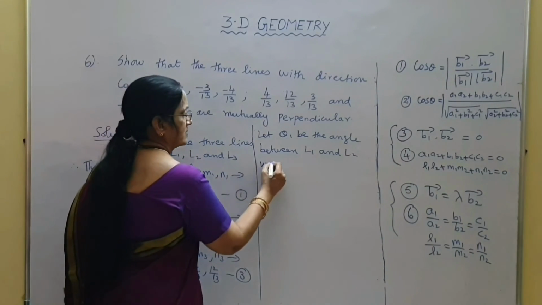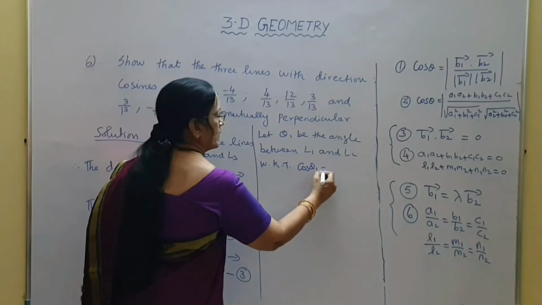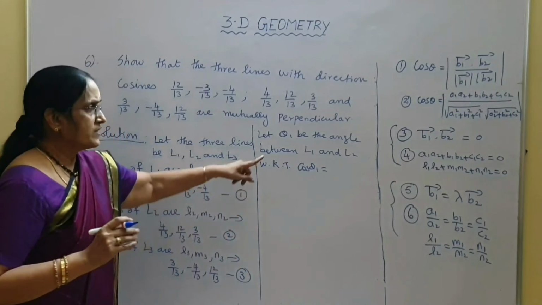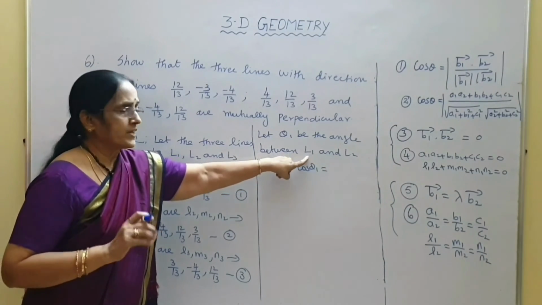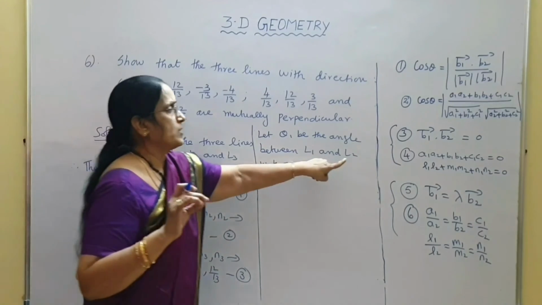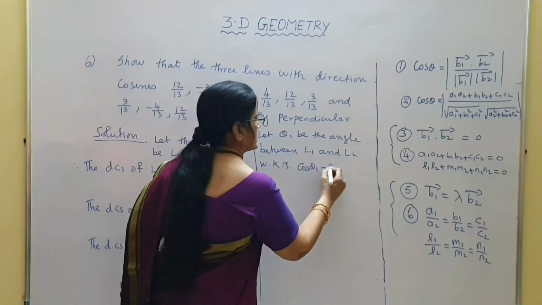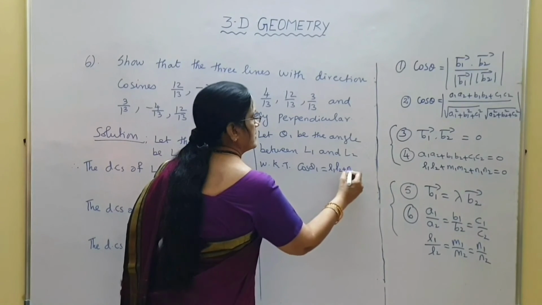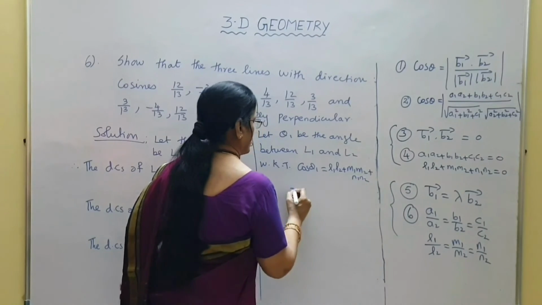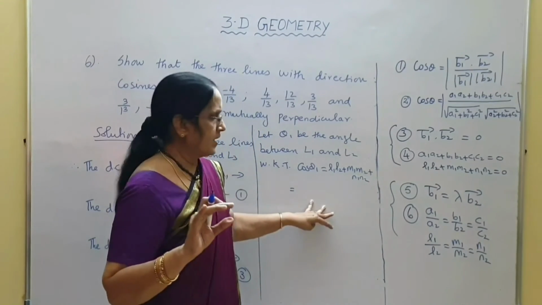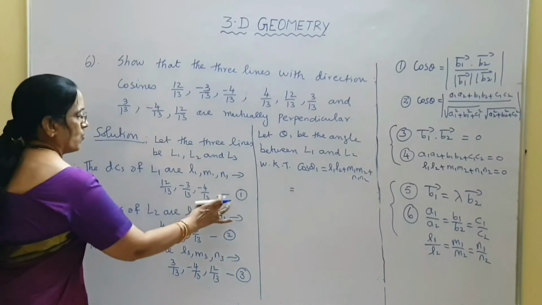Then we know that cos theta 1 is equal to, we know the DCs of the line L1 and L2. For L1 we took it as L1, M1, N1, and for L2 we took it as L2, M2 and N2. So cos theta 1 is L1, L2 plus M1, M2 plus N1, N2. Now let us substitute for L1, M1, N1 and L2, M2, N2 from 1 and 2.